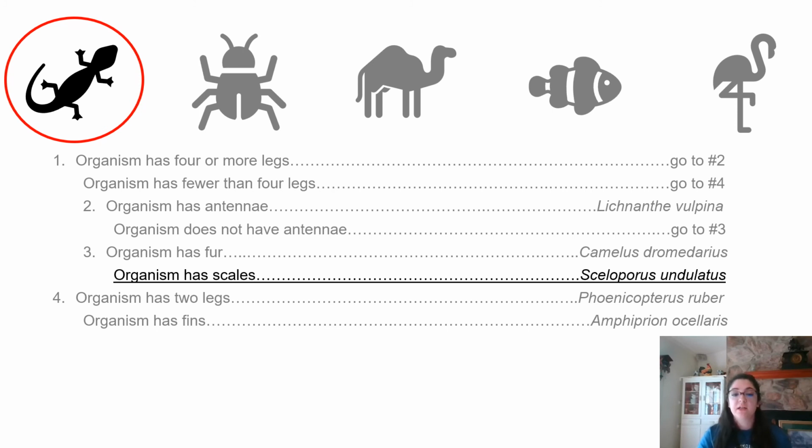Remember that scientific names have a genus and species name. The genus is capitalized, the species is lowercase, and everything is in italics unless you're writing it by hand, in which case it's underlined. So that should give you guys a general overview of a dichotomous key and how to use one.